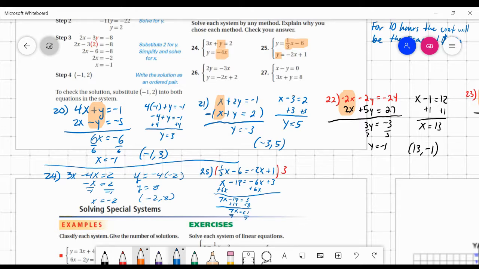And then divide by 7. So x is 3. And since x is 3, plug it into that first equation. 1/3 of 3 is 1, and 1 minus 6 is -5. 3 comma -5.